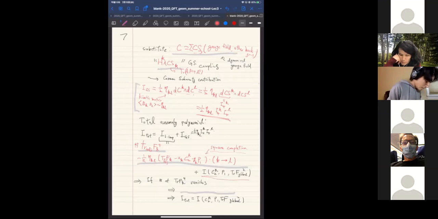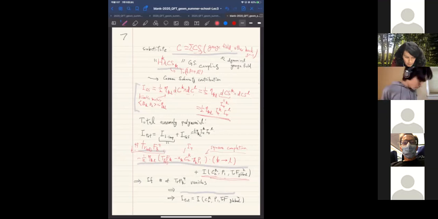Okay, so you can always do that, and then the rest, this piece, does not contain the trace F squared, so this doesn't contain the gauge field strength. The only problem is this part, because we cannot cancel this trace F to the fourth, which is not the square of something, so we cannot write it as a completed square. This is the only obstacle, and the others can be treated if we tune the I4. If we take this part to be I4, then we can always cancel it.